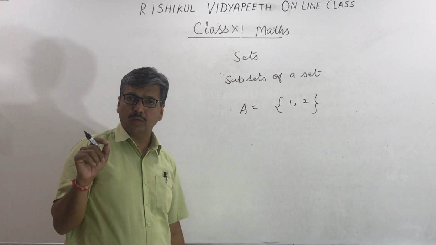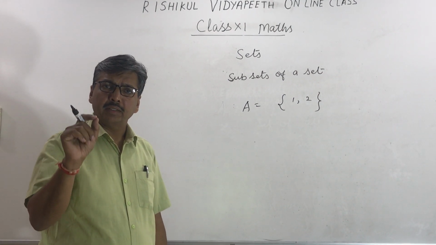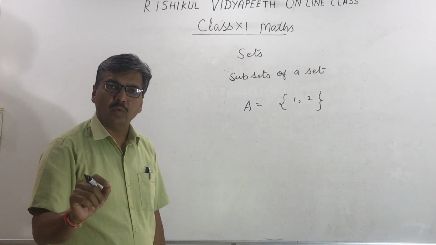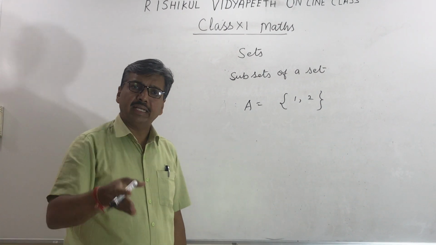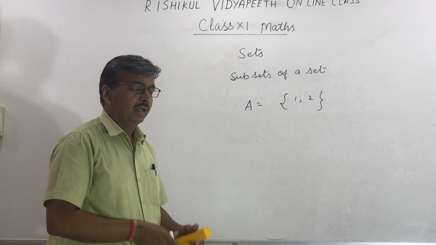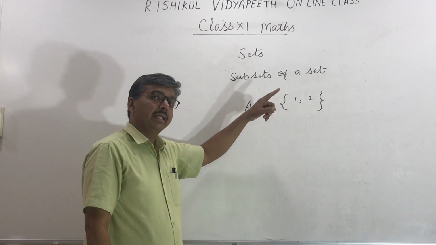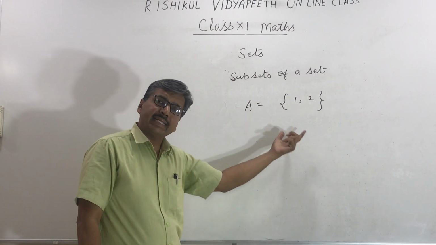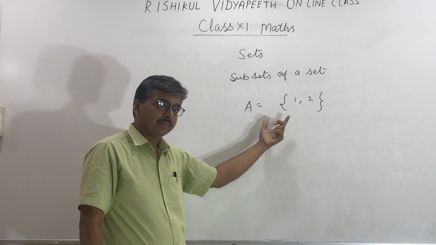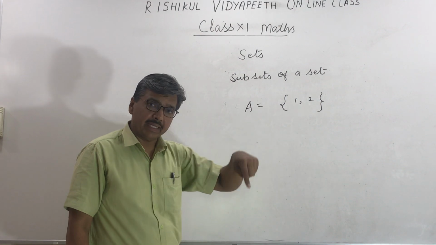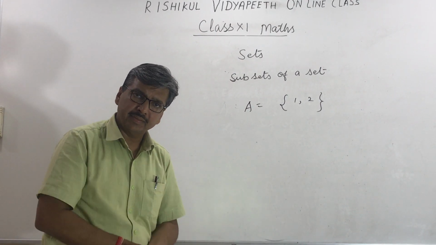As we have studied about the null set, the null set does not contain any element, therefore the null set is a subset of every set. And second, every set is a subset of itself. Can I say A is a subset of A? Yes, because all elements of A are in A.